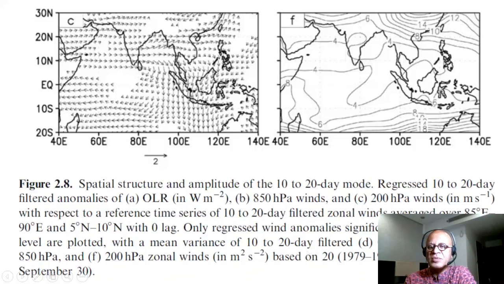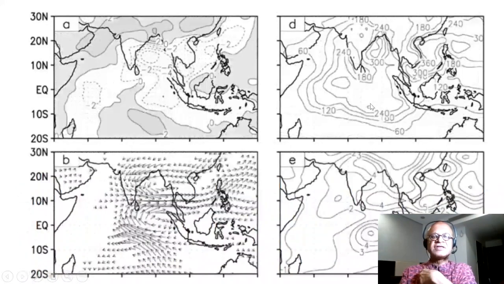Only regressed wind anomalies that are significant are shown, and D and F are, so D is in the previous figure. We'll go back. F, so D is, let me make sure I don't screw this up. D is OLR. E is the 850 hectopascal winds, and F is the 200 hectopascal zonal winds based on 20 years of summer data.